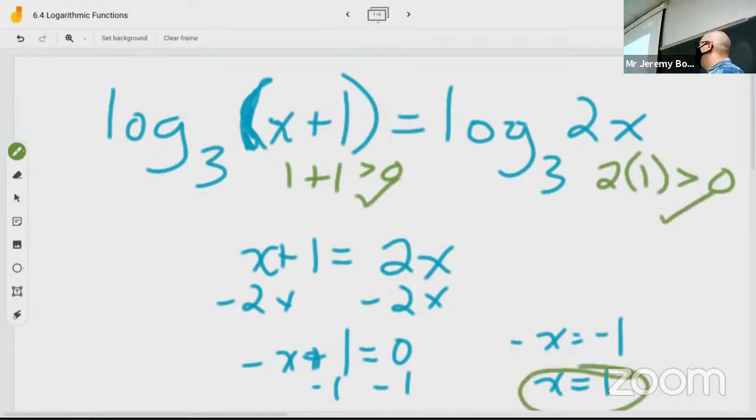We're good to go. If you get that it's equal to 0 or negative, then that's not a valid solution. That's an extraneous solution, just like with the radical equations earlier in the semester. Same situation here. They are a solution to the equation that you end up with, but not the original equation, because they're not in the domain.